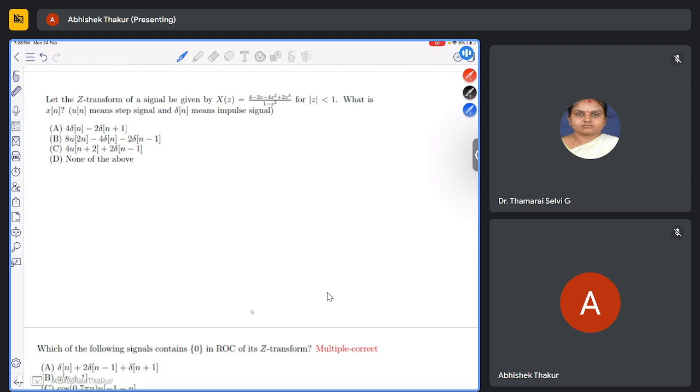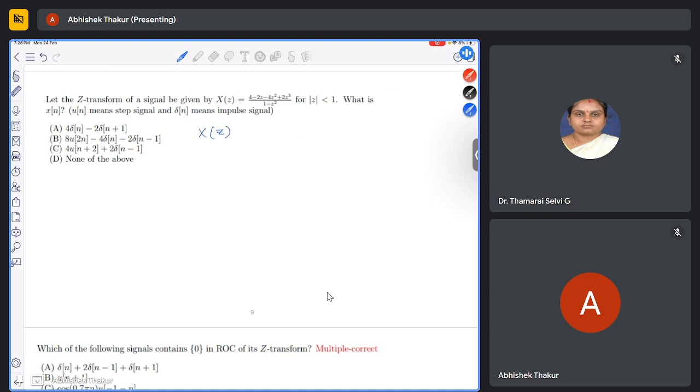So now we'll move on to the next question. The Z transform of a signal is given by X(z) as below, for region of convergence |z| less than 1. What is x[n]? Here u[n] stands for unit step and delta[n] means impulse signal.